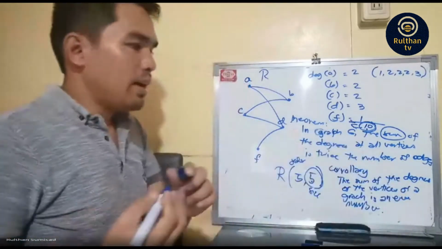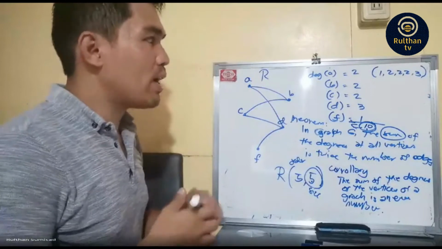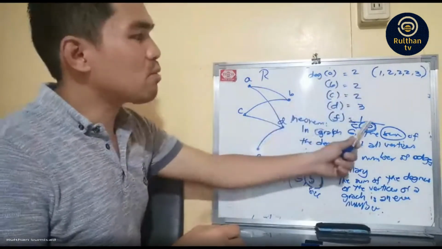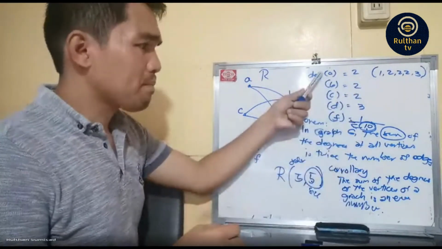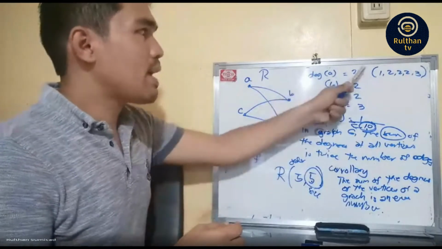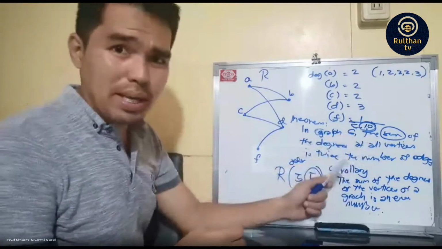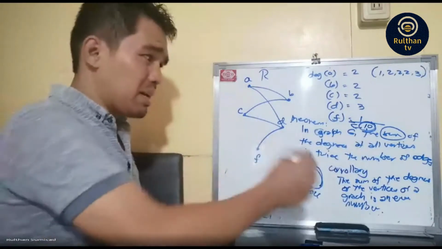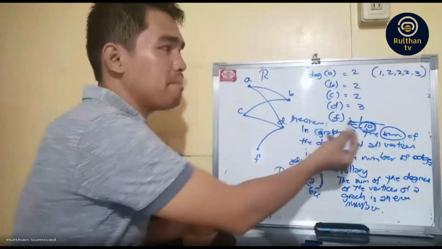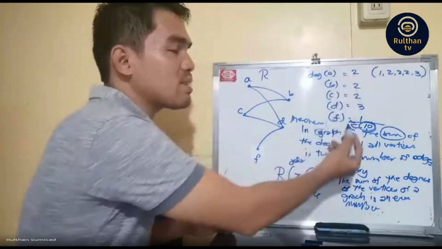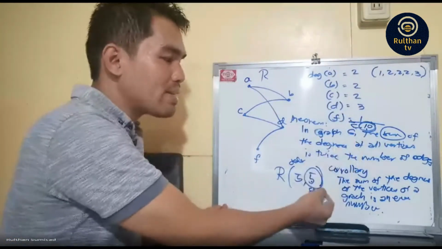Okay, definitely it is true because according to this corollary, since this is true, the sum of the degrees of all the vertices in any graph for that matter will always be even. Why? Remember that according to the theorem, the summation of the degrees of all the vertices is twice the size.